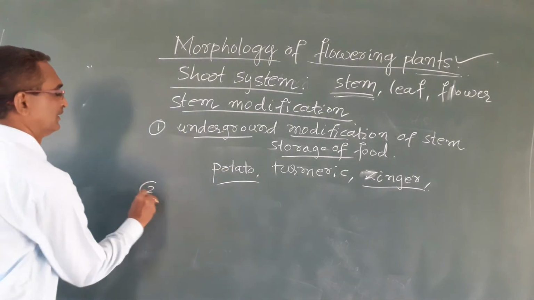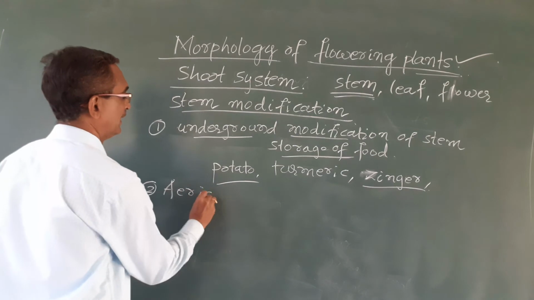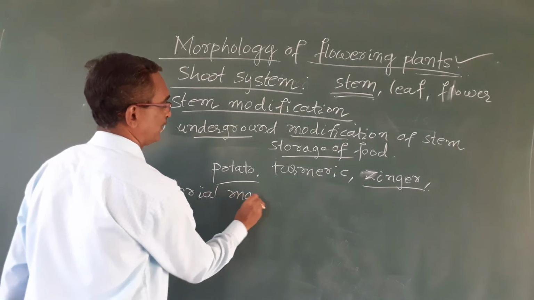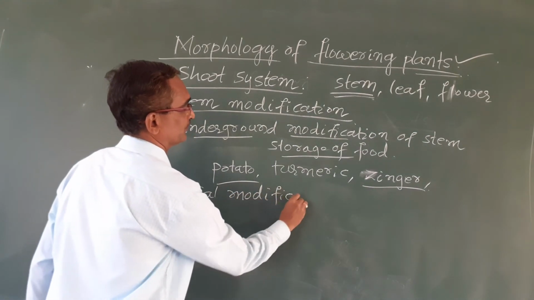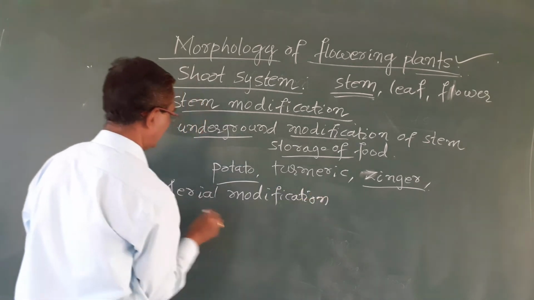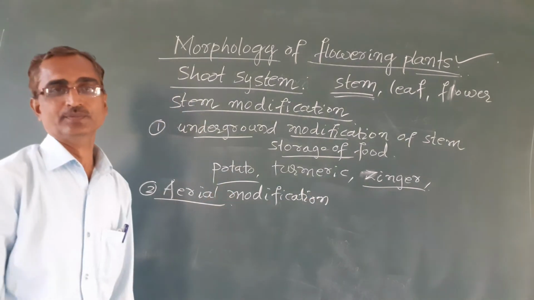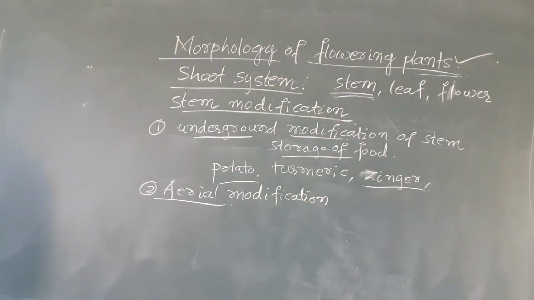Next, aerial modification of stem. Aerial means the one which is above the ground. Here we have the tendrils.